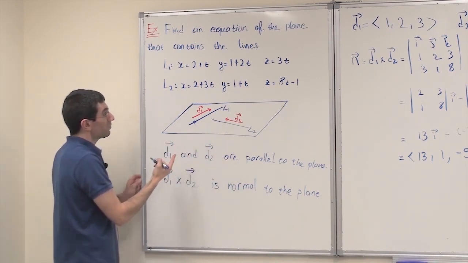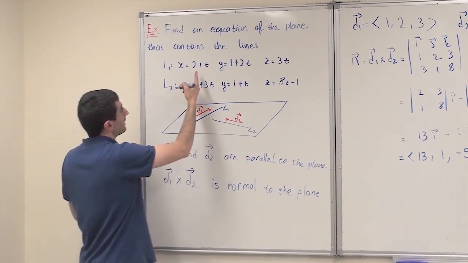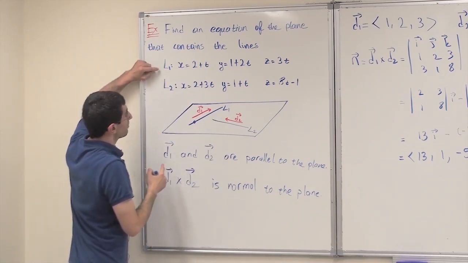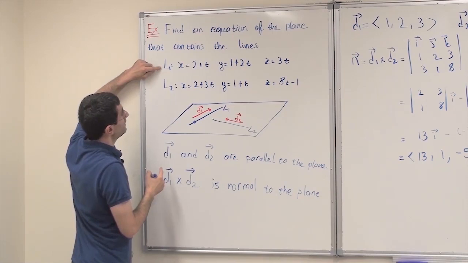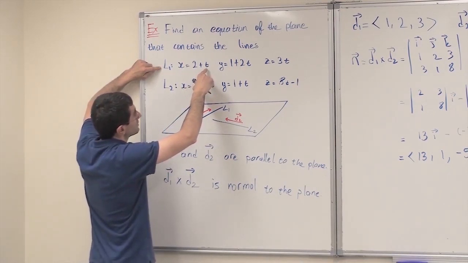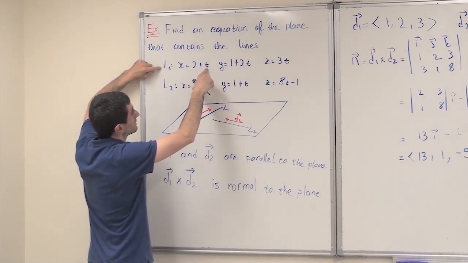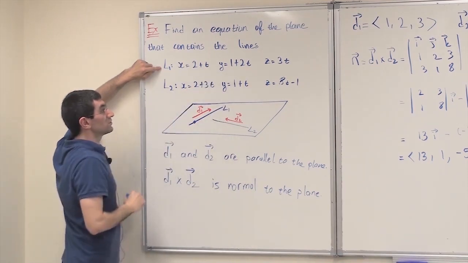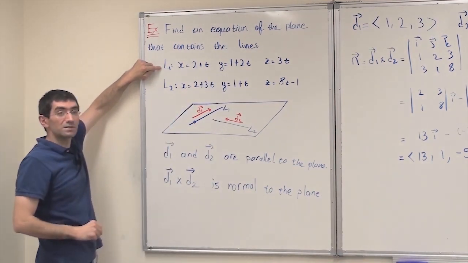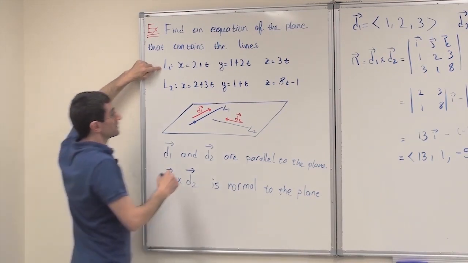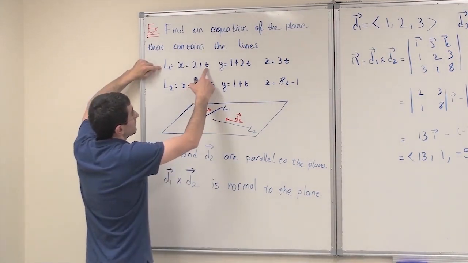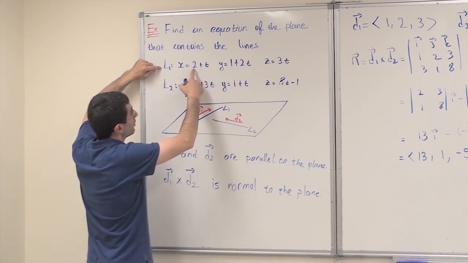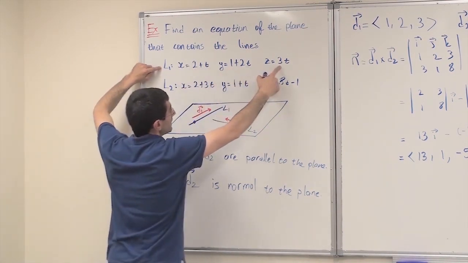Now, choosing a point means assigning a value to a parameter. So, if we want to choose a point on line L1, then we simply substitute a value for the parameter t in line 1. The easiest is to substitute 0 for this parameter. So, if I substitute 0 for t in line 1, I'm going to get the point 2, 1, and 0.